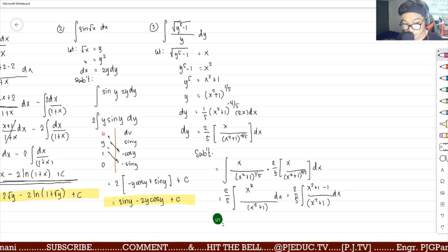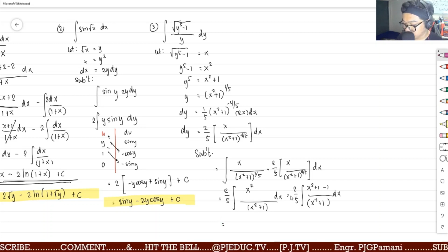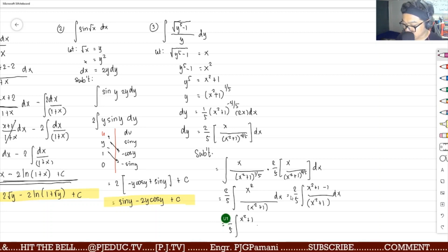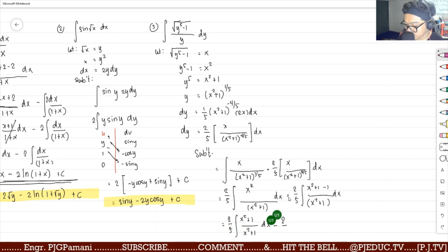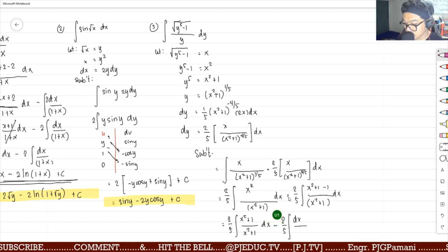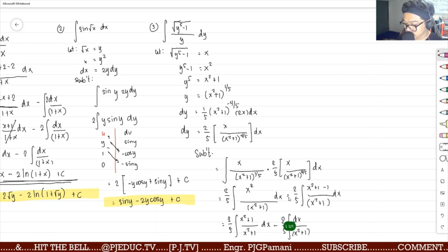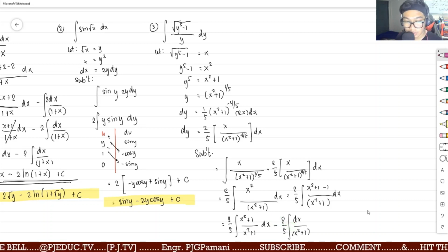CE 1111 nyo yan. So 2/5 of integral of x squared plus 1 over x squared plus 1 dx minus 2/5 of dx over x squared plus 1. Anong susunod dyan?